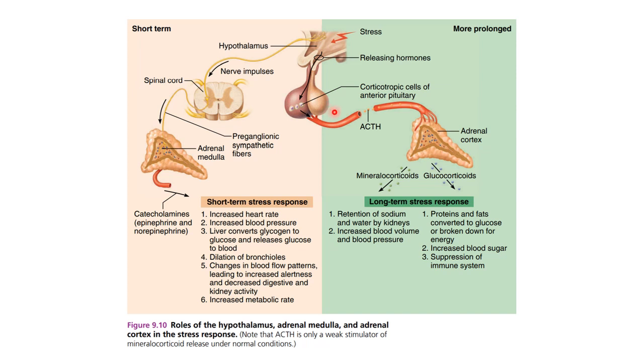The corticotropin acts on the surface of the adrenal gland to stimulate prolonged release of glucocorticoids, which causes protein and fat breakdown and converts them into glucose, increased blood sugar levels, and suppression of the immune system. The adrenal cortex also releases mineralocorticoids, in particular aldosterone, which causes sodium and water retention by the kidneys and increased blood volume and blood pressure.